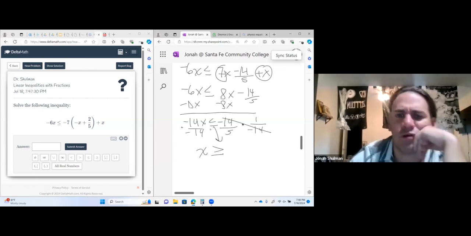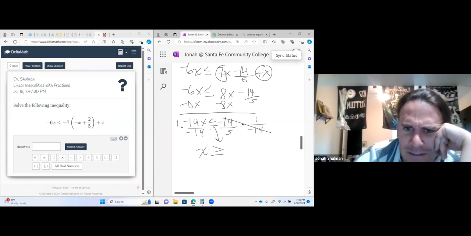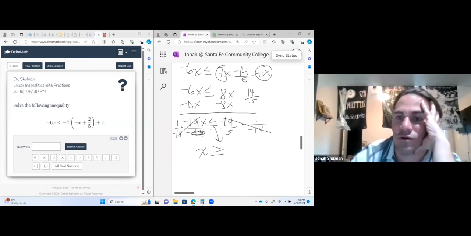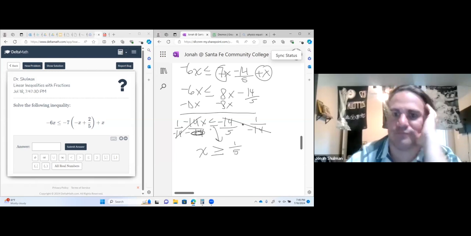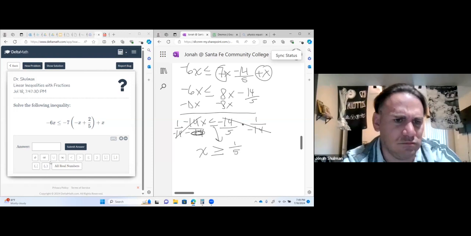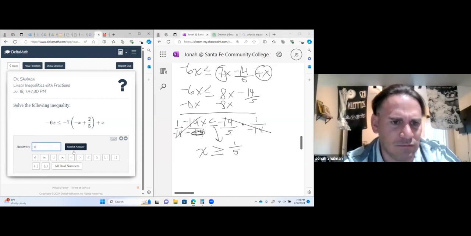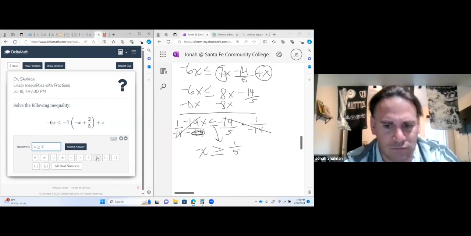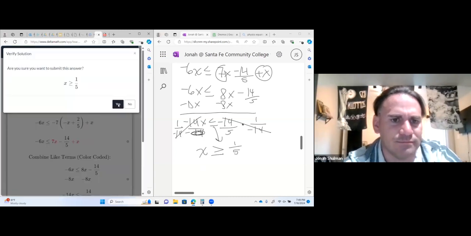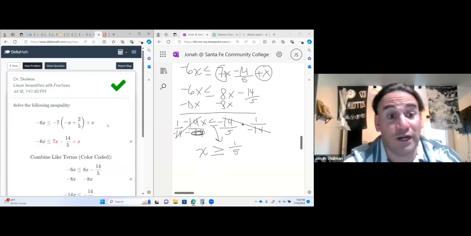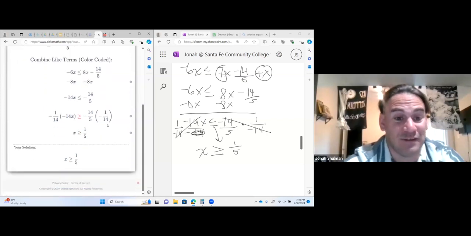Because this is the same thing as multiplying by 1 over negative 14. There we go. Those cancel. So I believe it's going to be a positive 1/5. That was a lot. Let's see if that's right. Wild problem. Let's see what we got. So crazy, right? Wasn't that crazy? Felt crazy.